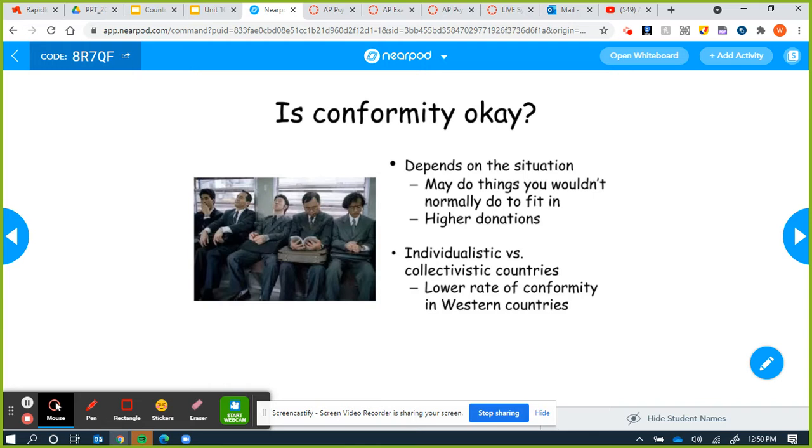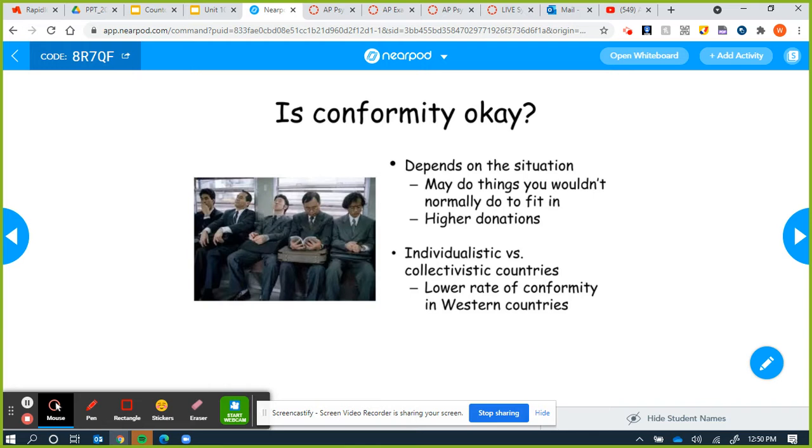They also see a difference in level of conformity in different countries. Eastern countries that are more collectivistic, such as Japan, China, and Korea, have higher levels of conformity because that is the expectation.